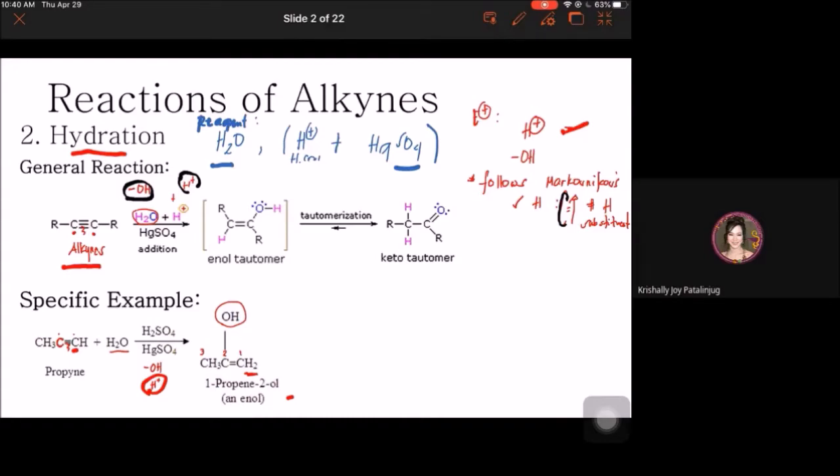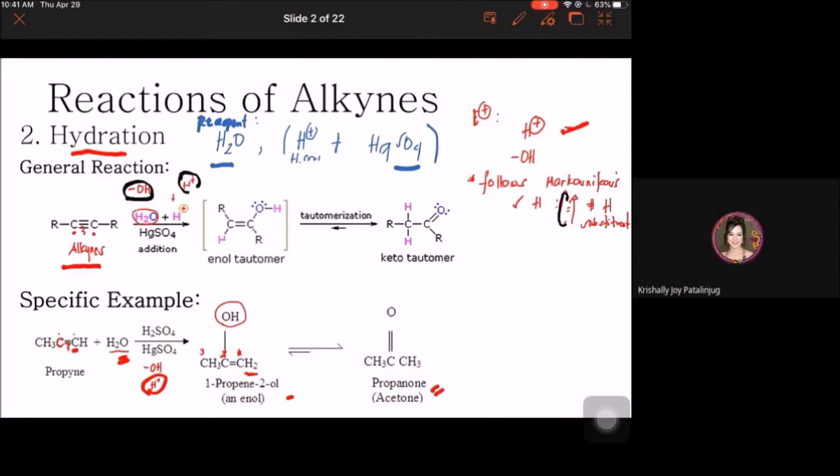Again, upon breaking the pi bond, the H plus goes to the carbon with the greater number of hydrogen substituents, while the OH goes to the second carbon, where the triple bond is present, stabilizing it. From this enol, the reaction will proceed, producing a ketone.